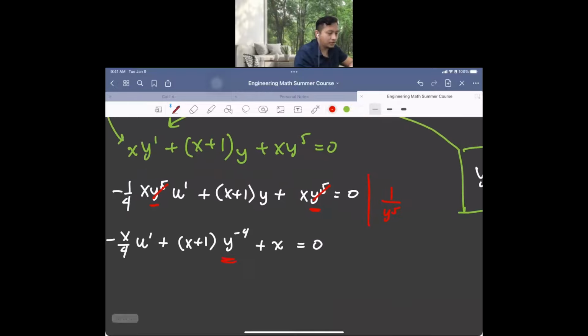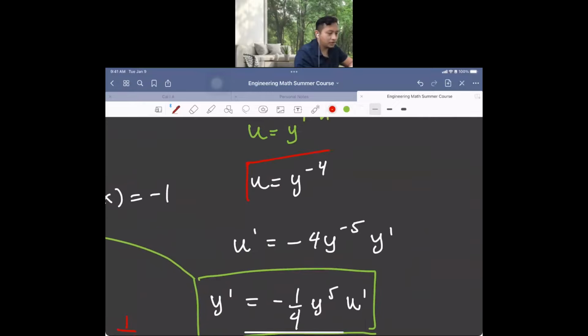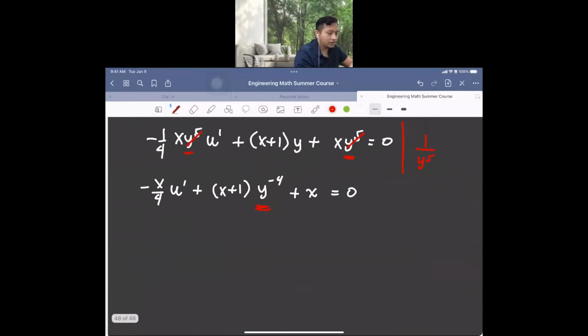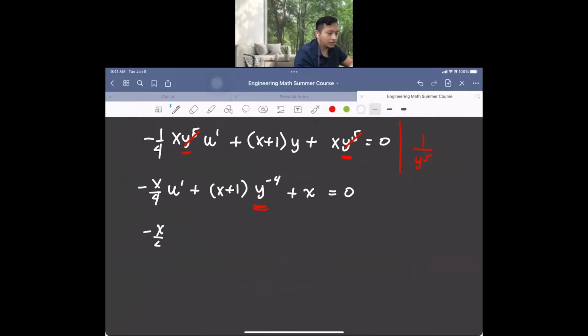And this y to the negative 4 is our u, so we can exchange this to u.